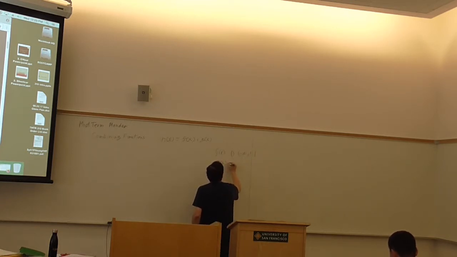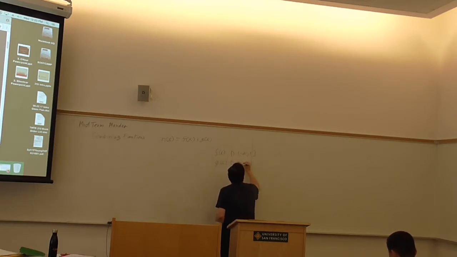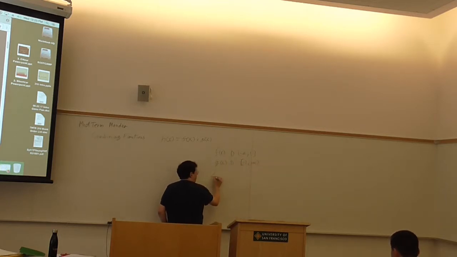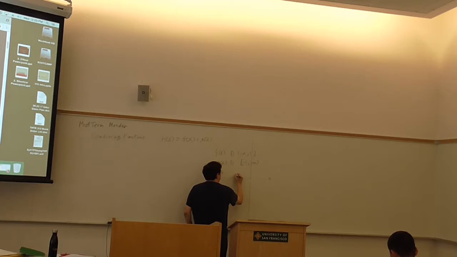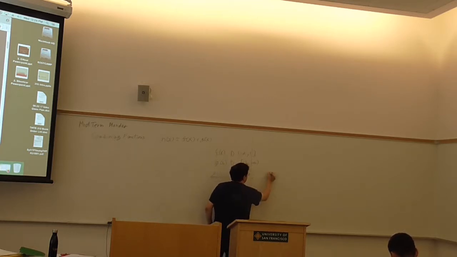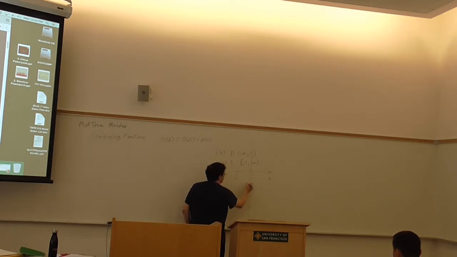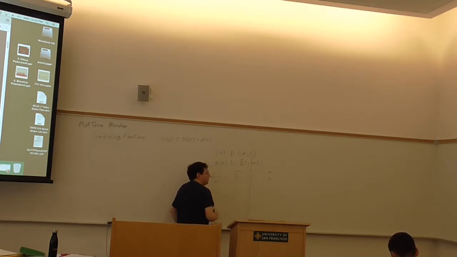My g of x has a domain of, say, minus 1 to infinity. So, in other words, here's -1, here's 1. One of my domains is like this. Another domain is like this.